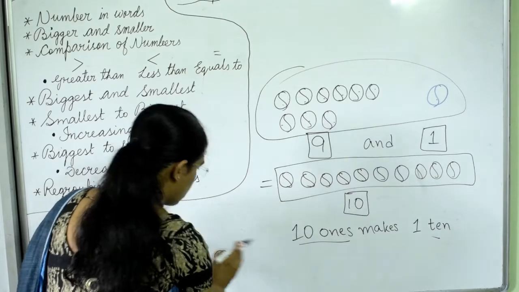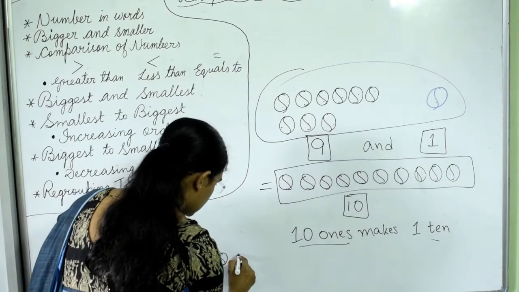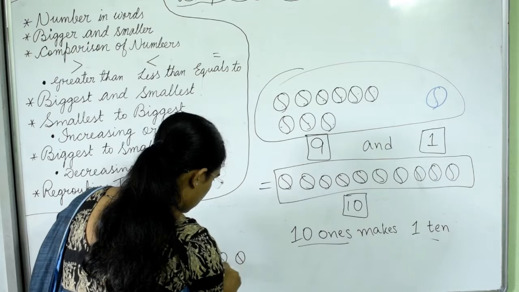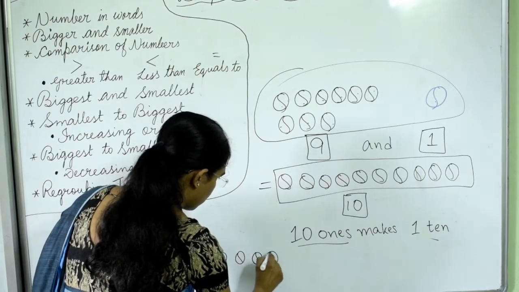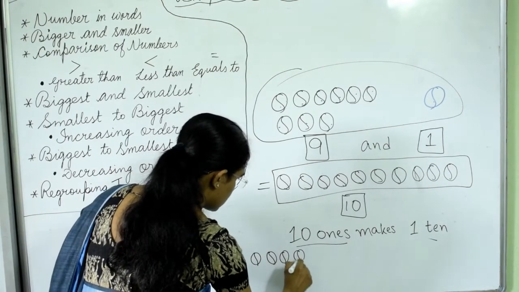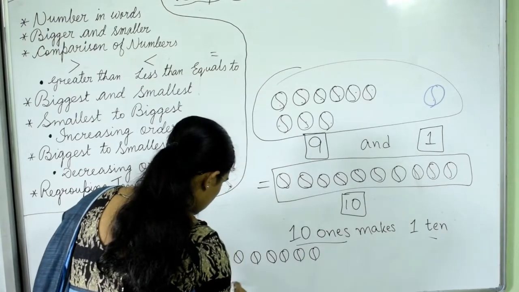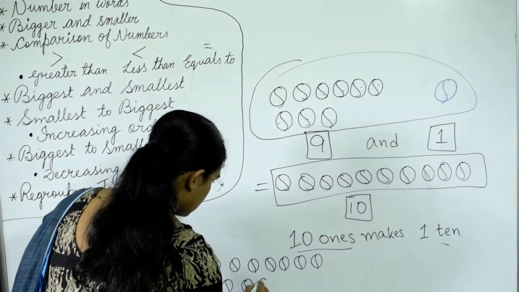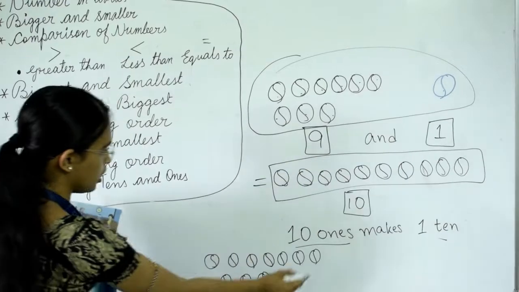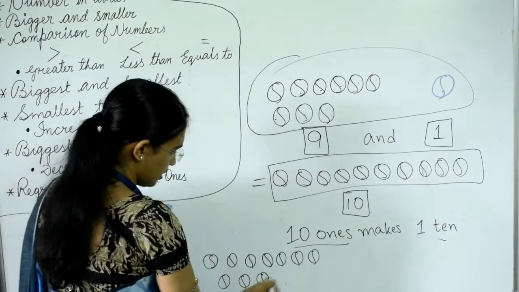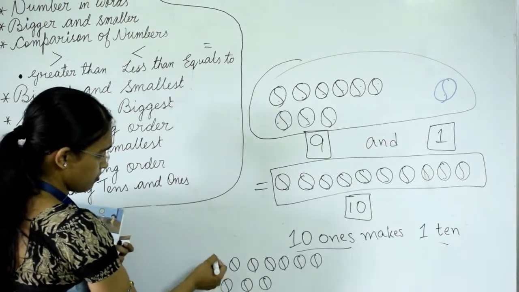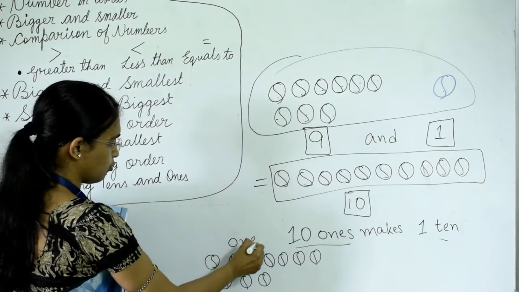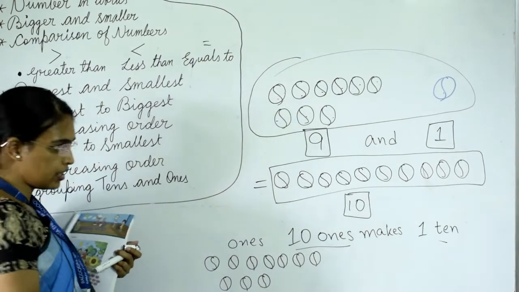If you put all the balls separately, 1, 2, 3, 4, 5, 6, 7, 8, 9, 10, then these are in ones place, okay?